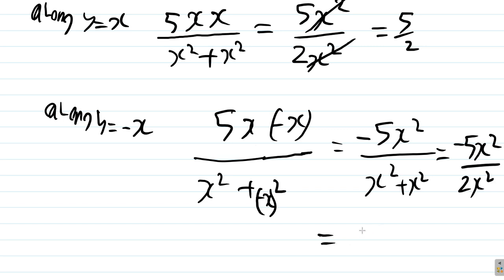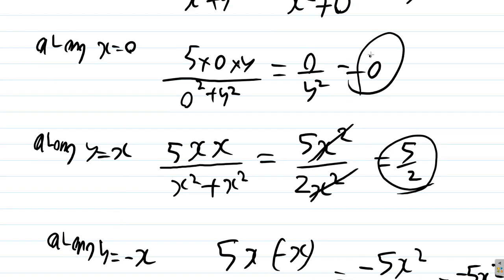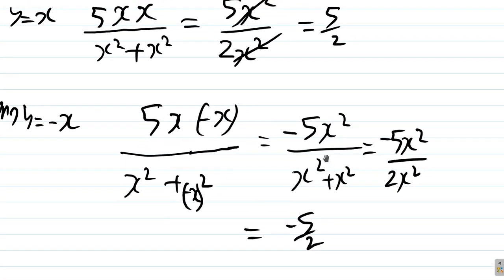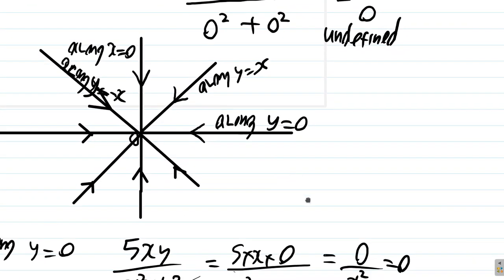But this would give you negative 5 over 2, which is again different from this one and also different from the 0 that we got before. Alright? We got 3 different answers so far, but you only need 2 different answers to conclude that the limit does not exist.